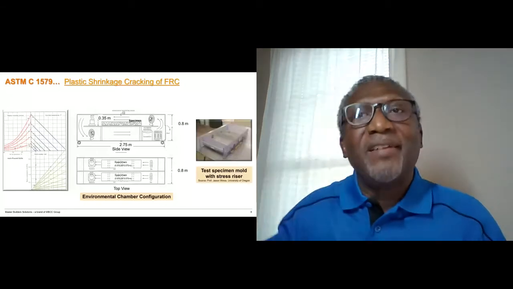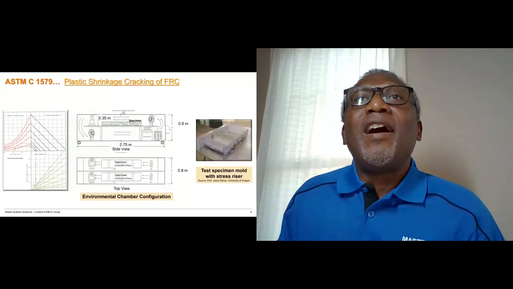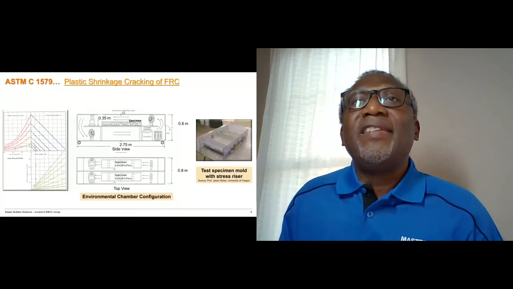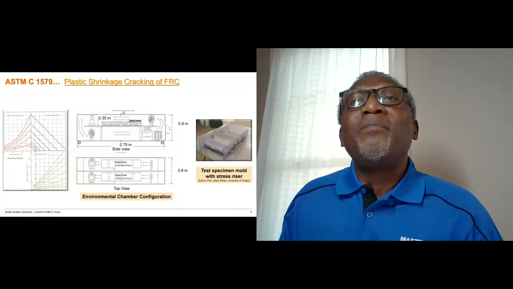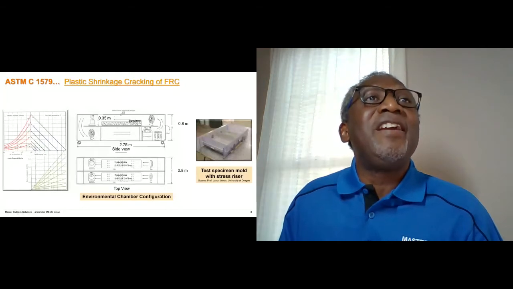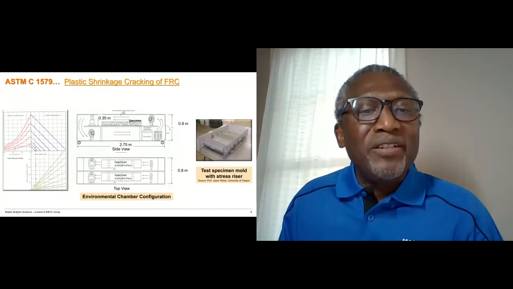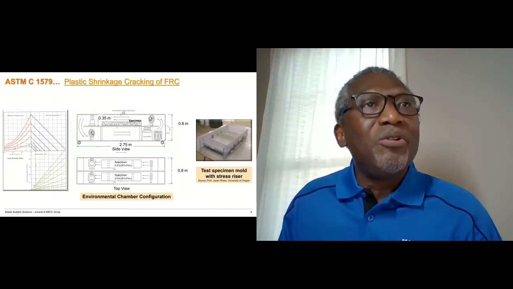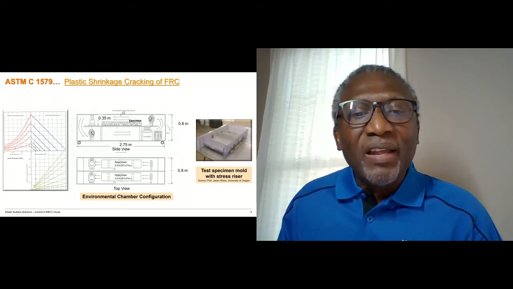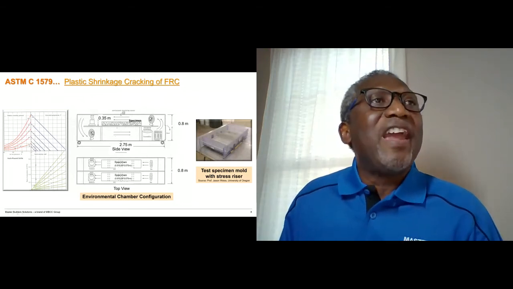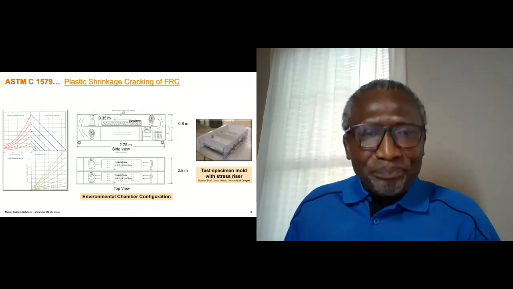in a specimen. Now, the test specimen that's used has 3 stress risers within them, one big one in the middle and 2 small ones at the ends, as you can see in here. And it essentially creates a wicking plane such that when plastic shrinkage cracking occurs in the specimen, it would occur right over the middle portion.